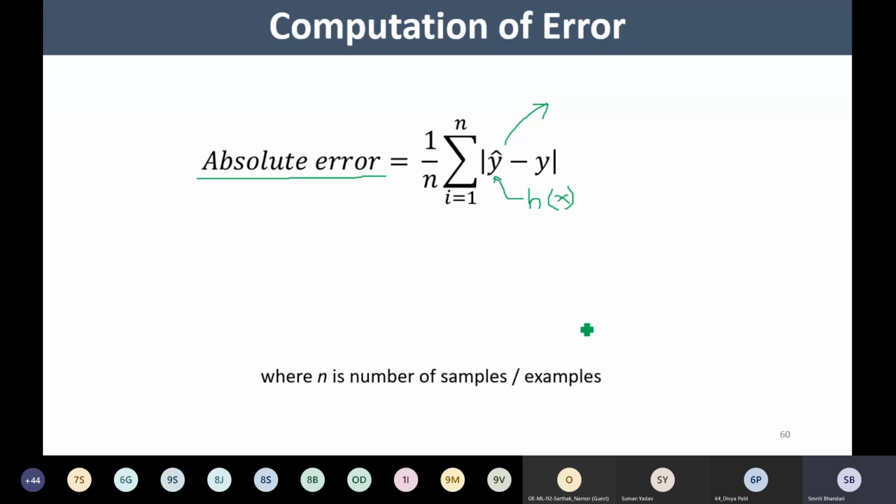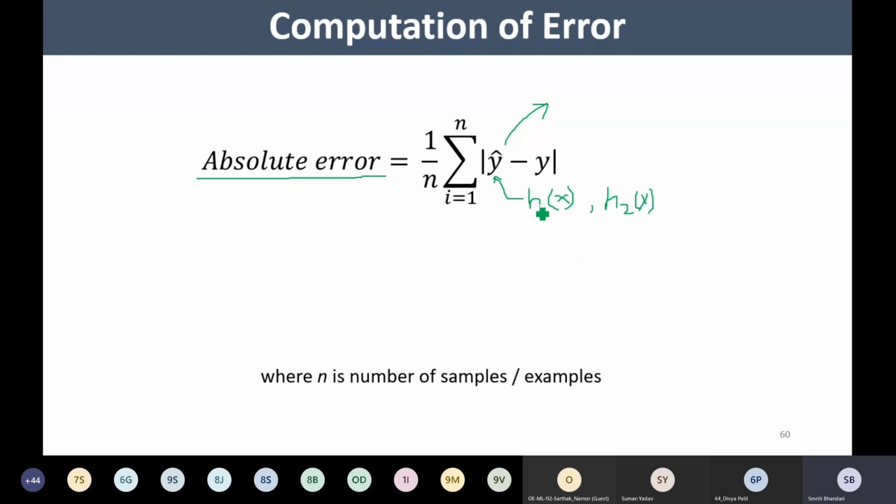And that is the absolute error. What we expect is that the error should be minimum. What do we mean by performance evaluation? Let us assume I have H1 of x, the hypothesis 1, another hypothesis H2 of x, and one more, H3 of x, and so on.